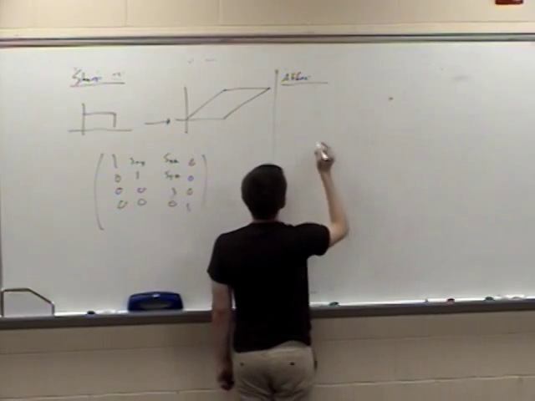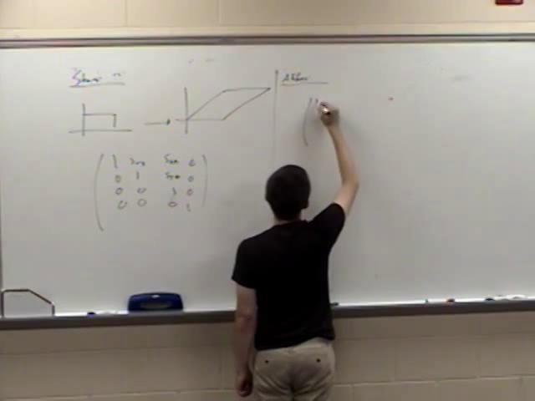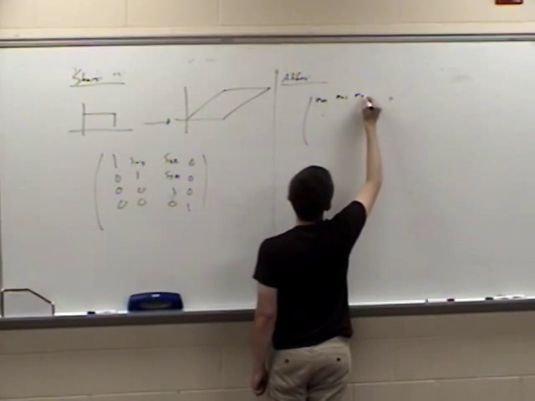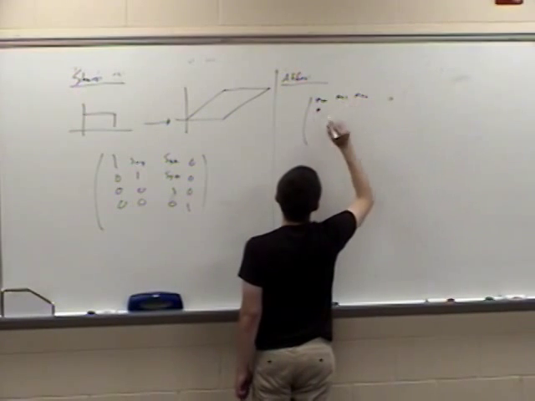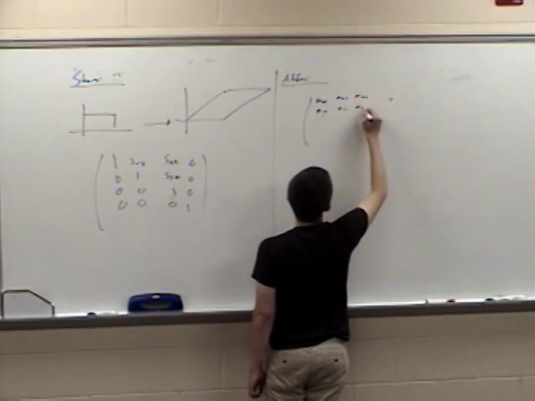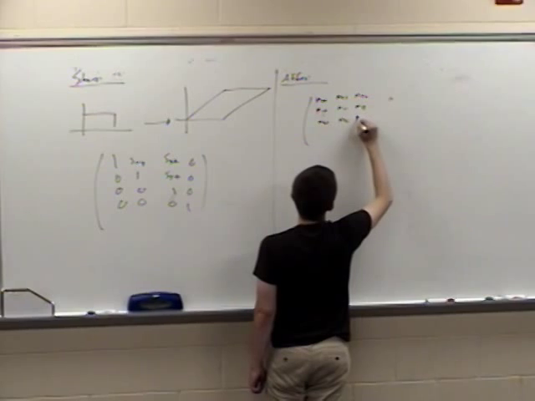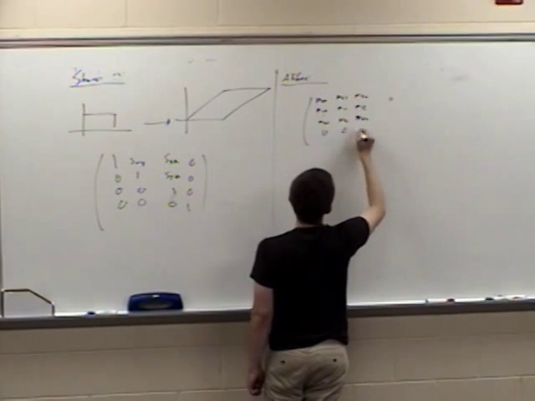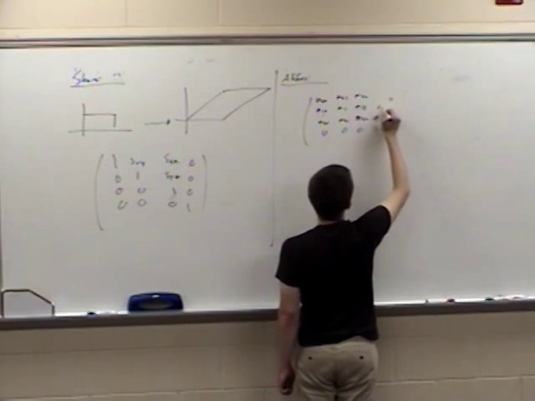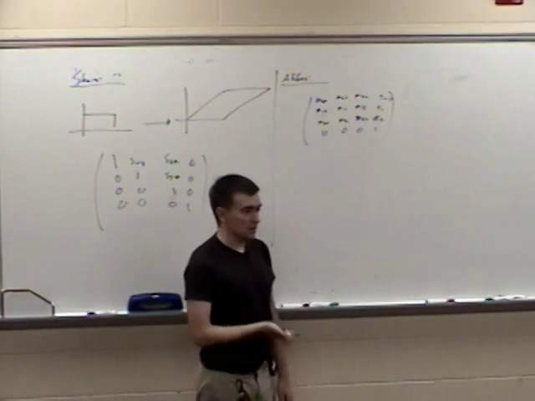So an affine transformation is something where you would have just a general matrix, M00 through M22, then you just have an arbitrary translation, T2, T1, T0, where the matrix has to be invertible, and that's a translation.